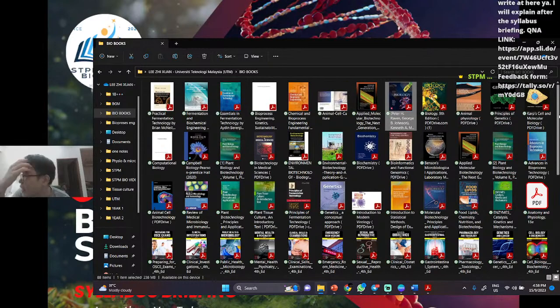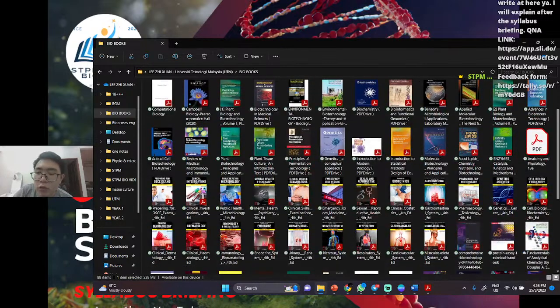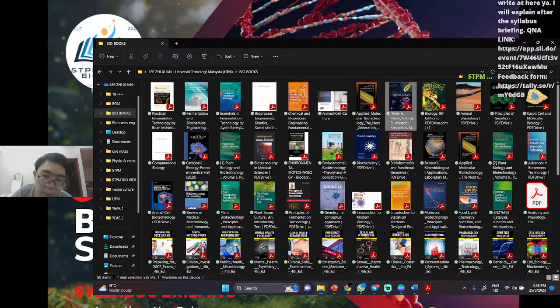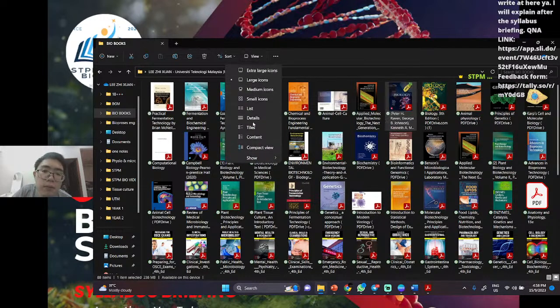Maknanya before examination you have to know all the topics. If you waste too much time in reading, then you don't have the time to do exam papers, trial papers, or objective papers. Okay, another book I think.